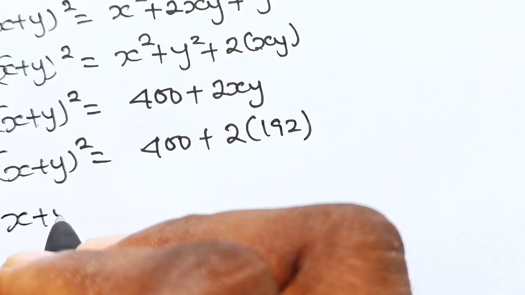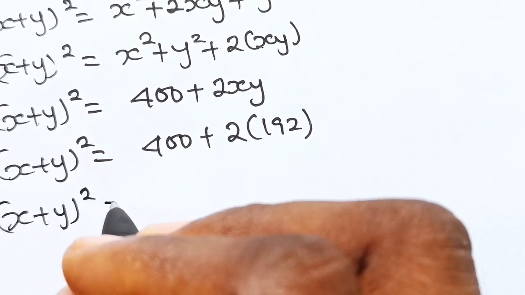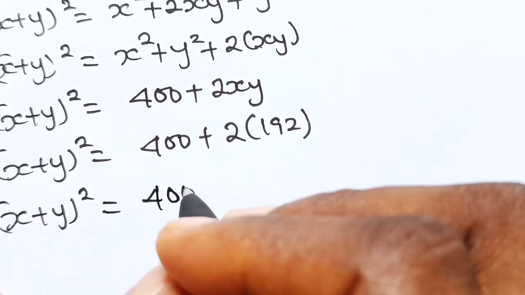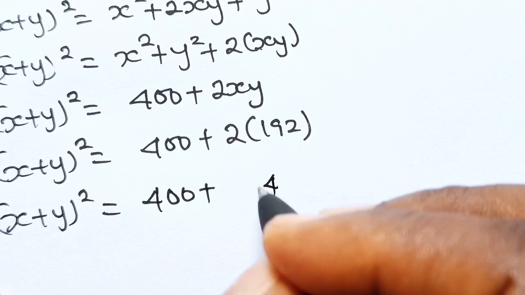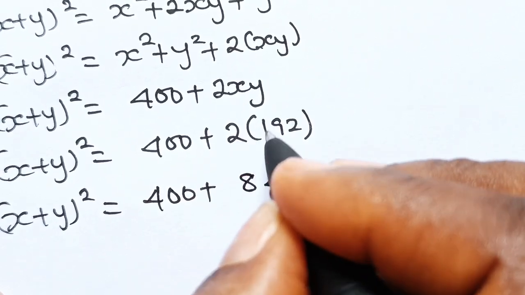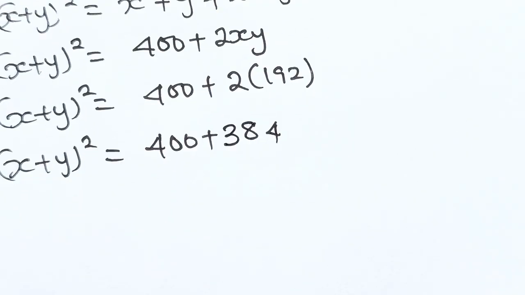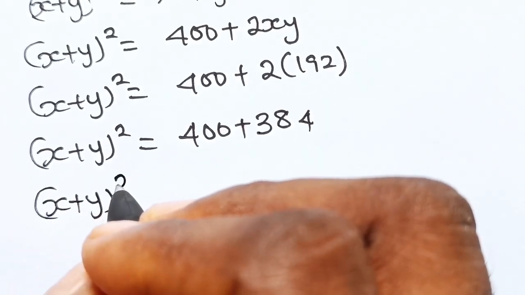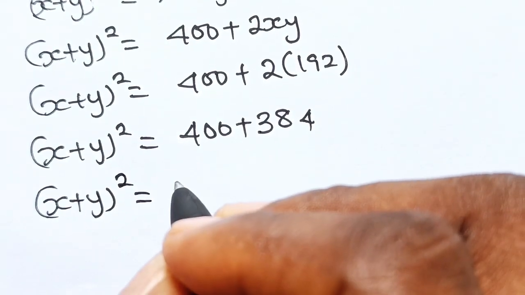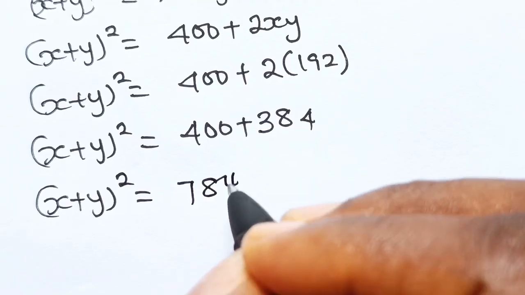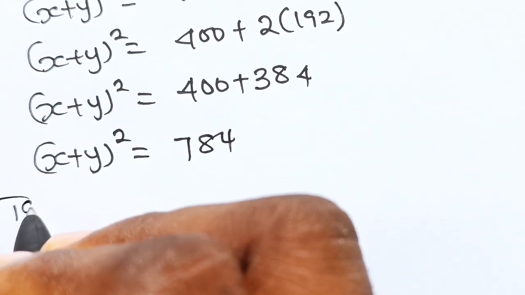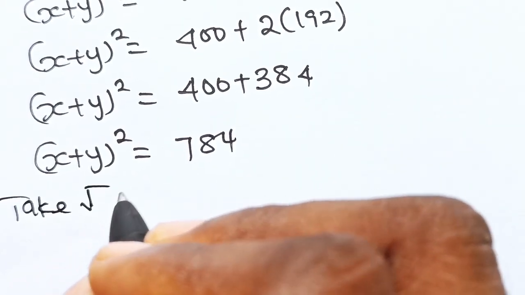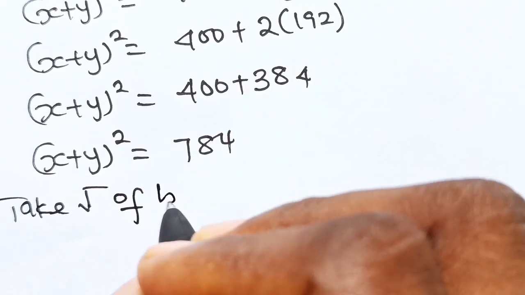So we have x plus y squared is equal to 400 plus 2 times 192. 2 times 2 is 4, 2 times 9 is 18, carry 1, 2 times 1 is 2, plus this is 3. So we have x plus y squared is equal to 784. Now let's take the square root of both sides.